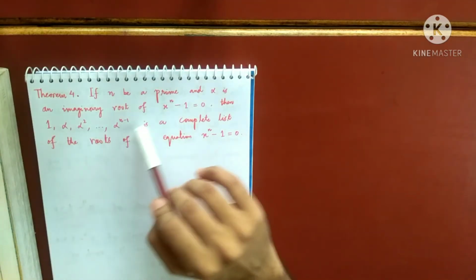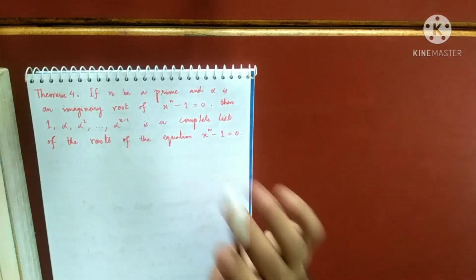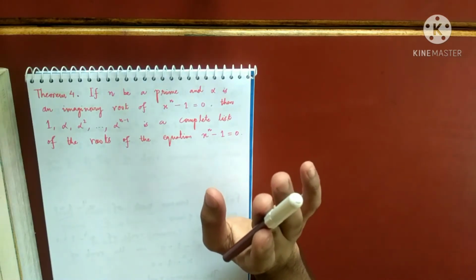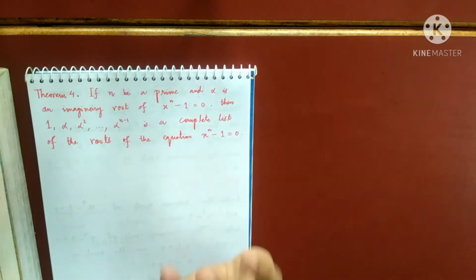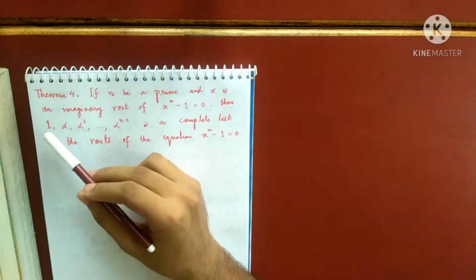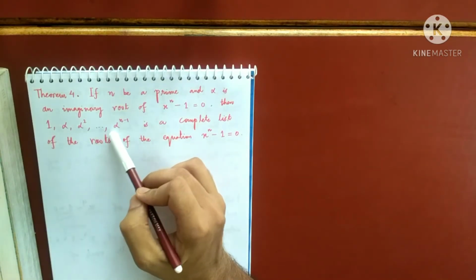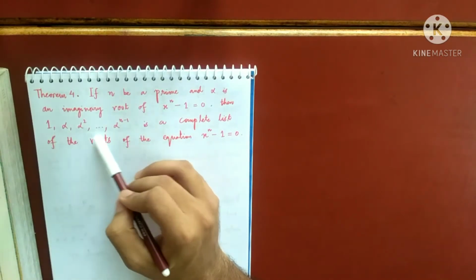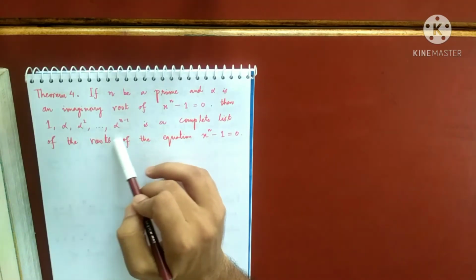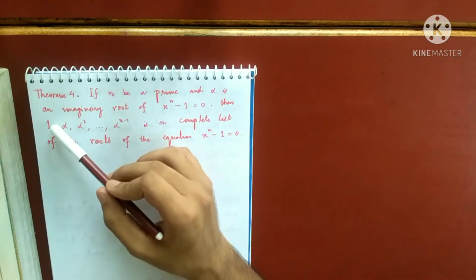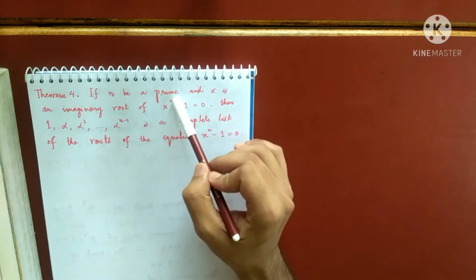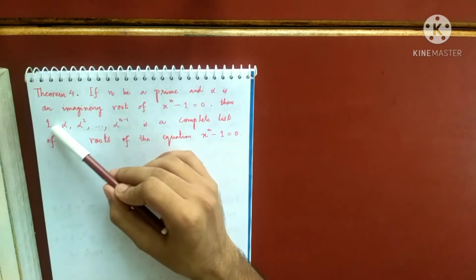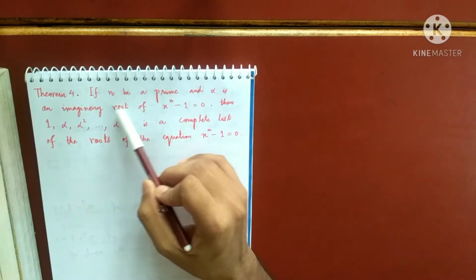So they all satisfy the equation. Secondly, the only thing remaining to prove is that none of them are equal. That means I will prove that all of them are distinct. If all of them are distinct, there are n in number and the degree is n, that means these are the only possible roots.